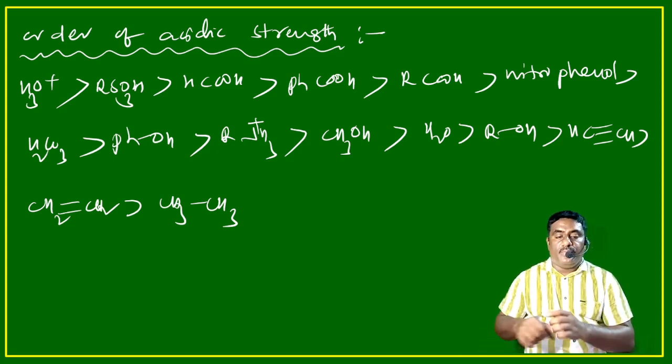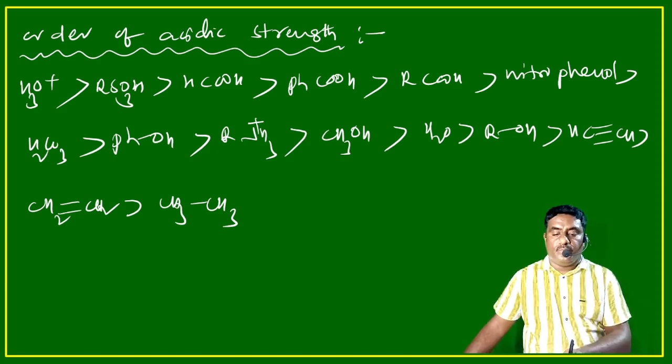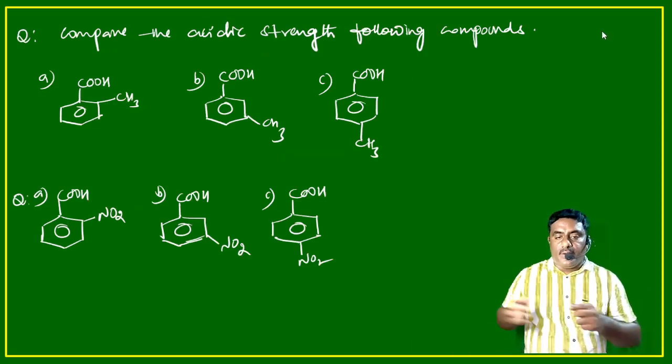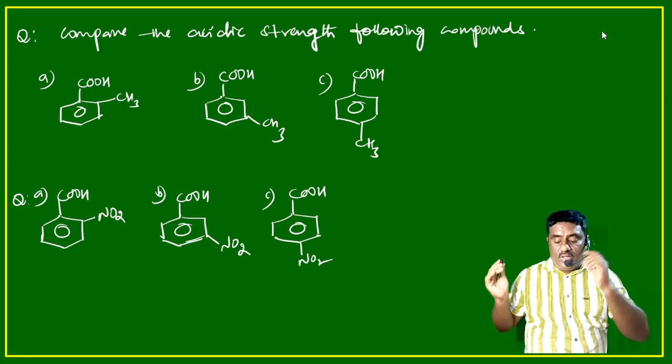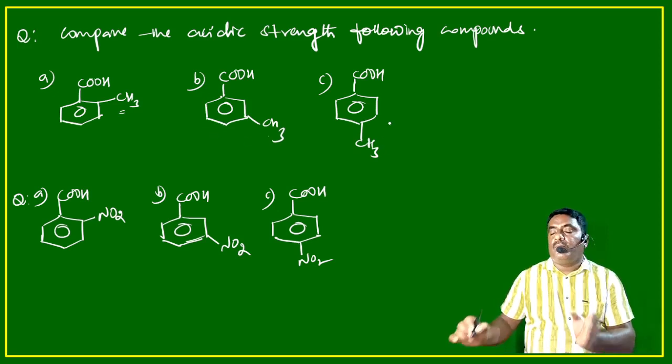Have a look at some examples. Compare the acidic strength of the following compounds. The ortho position has a methyl group, then meta, then para.